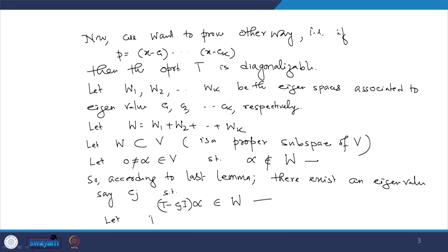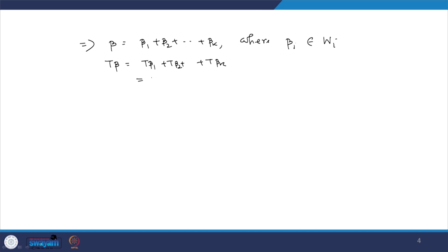So, let beta equal to T minus Cj I operating on alpha, which belongs to W. So, this implies beta can be written as beta 1 plus beta 2 plus beta k, where beta i belongs to eigenspace Wi, and T beta will be T beta 1 plus T beta 2 plus T beta k, which is equal to C1 beta 1 plus C2 beta 2 plus Ck beta k.